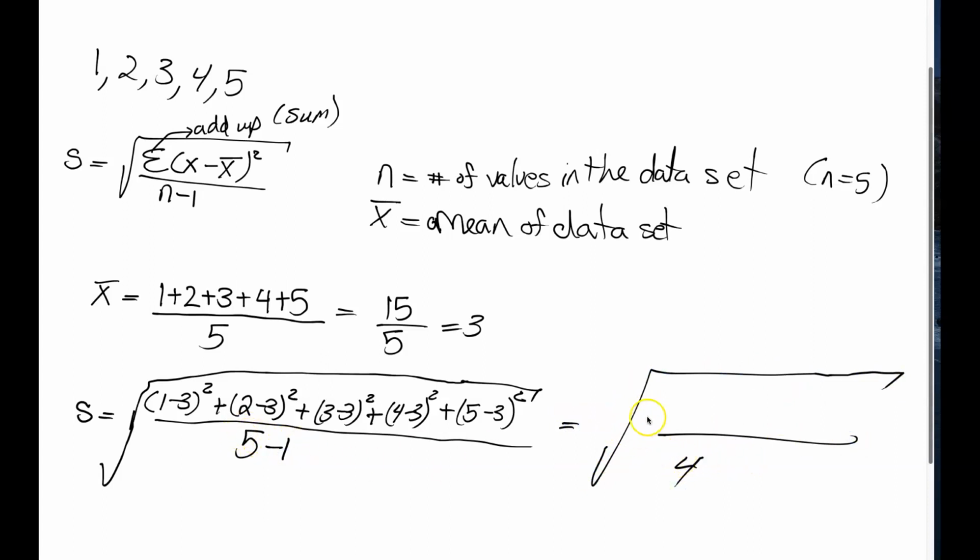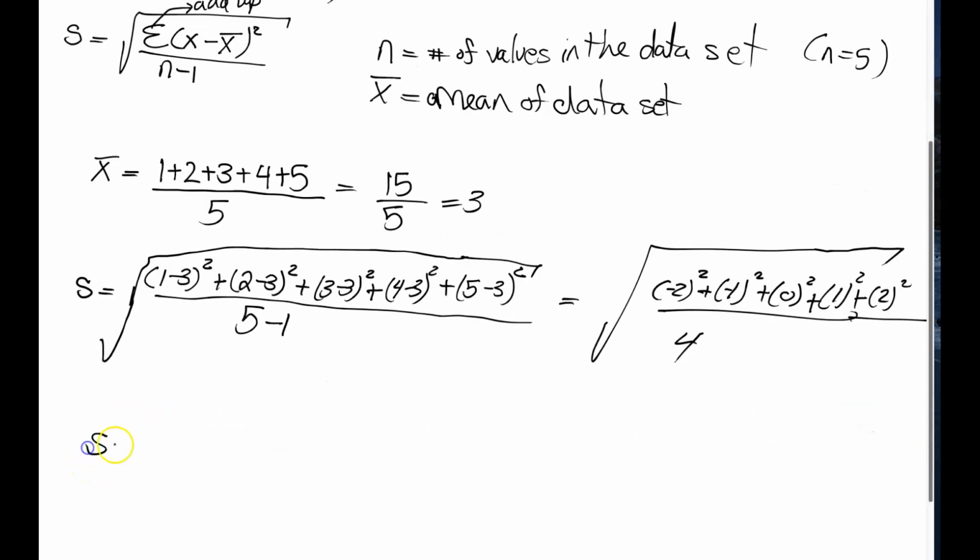And then on top we get 1 minus 3 is a negative 2 quantity squared, plus a negative 1 quantity squared, plus 3 minus 3 is 0 squared, plus a 1 squared, and lastly we get a 2 squared.